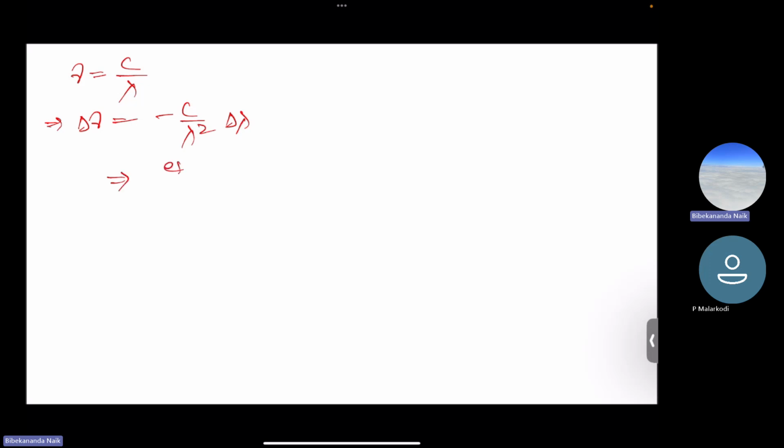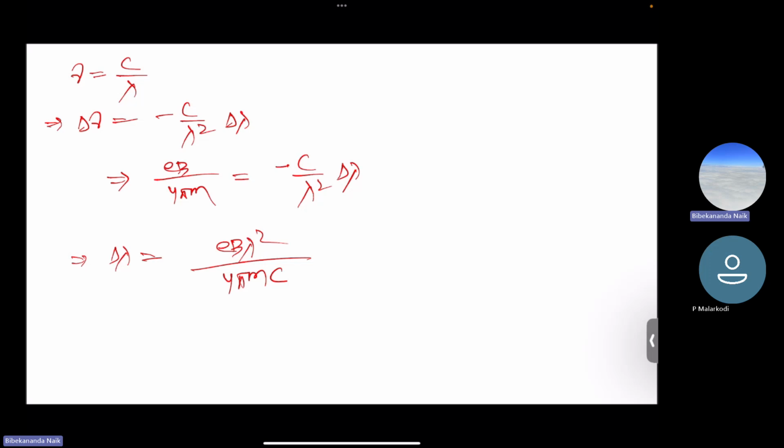That implies eB by 4 pi m equals minus c by lambda square delta lambda. But here we need to calculate only the separation, so it should be the magnitude of delta lambda. So the magnitude of delta lambda will be eB lambda square by 4 pi m c. Is this clear?